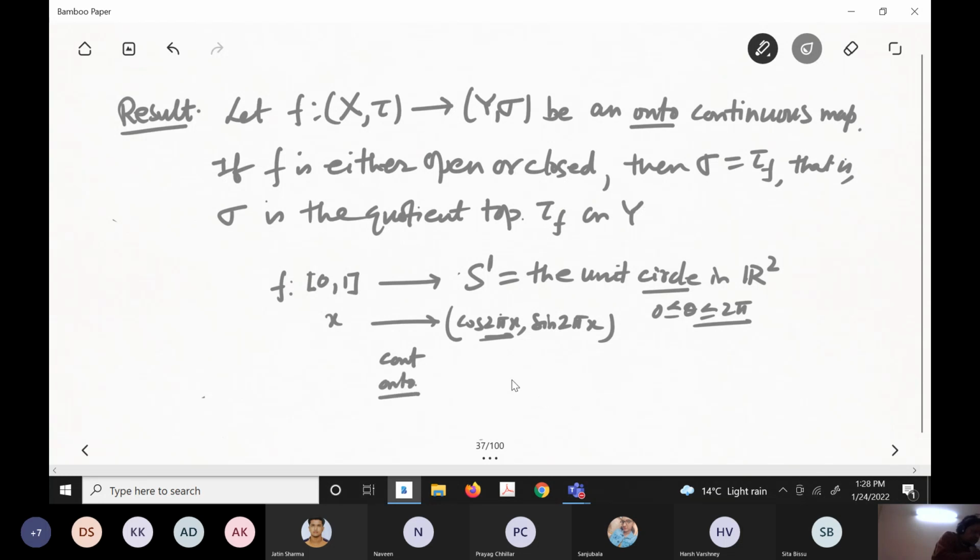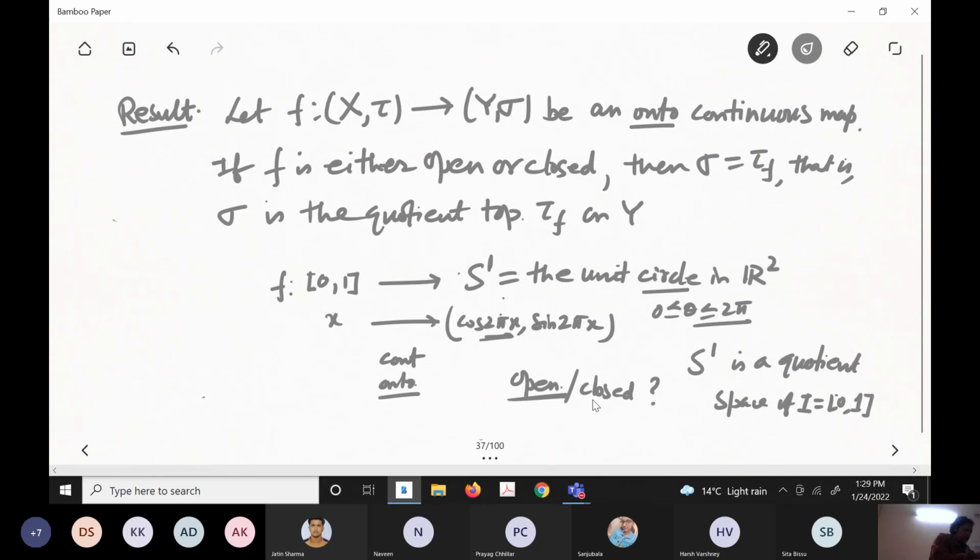Is it open? Well, I do not need that. You can check whether it is open or closed. Look, what I'm saying is, S¹ with the usual topology is a quotient space of I, that is [0, 1].